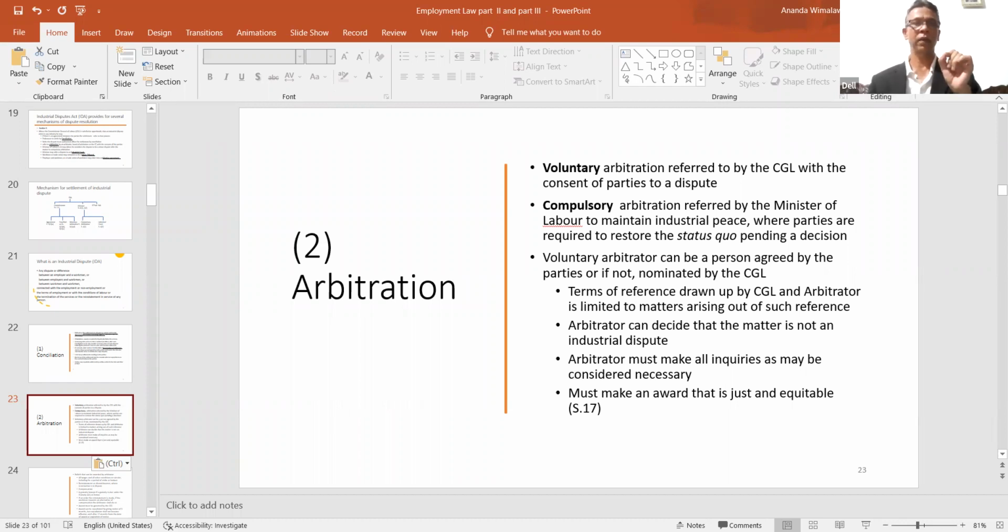Underline that one. This is called voluntary arbitration.